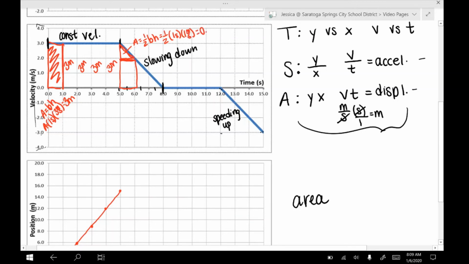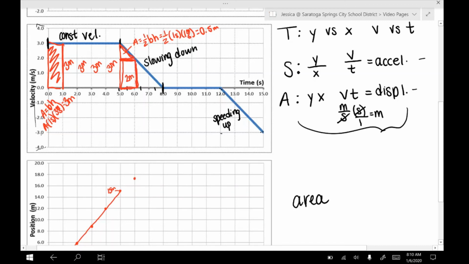So that gives me a distance of 1/2 meter. And this rectangle, doing base times height, gives me 2 meters. So I've traveled an additional 2.5 meters. So if I was at 15 here, I'm now at 17.5, which is somewhere like here-ish.